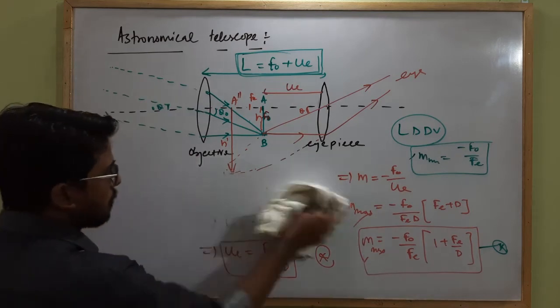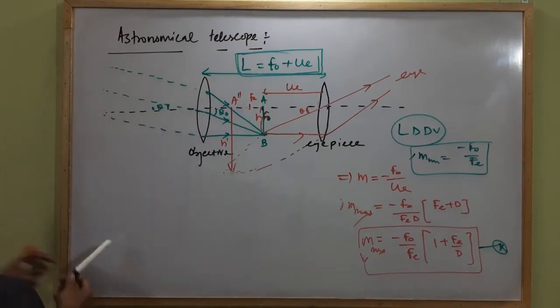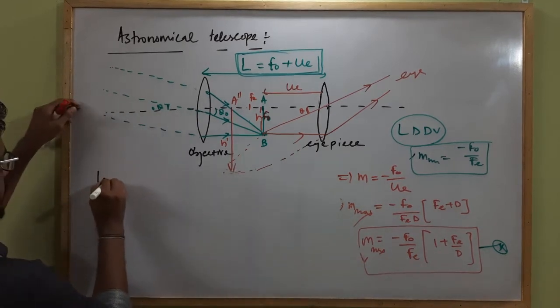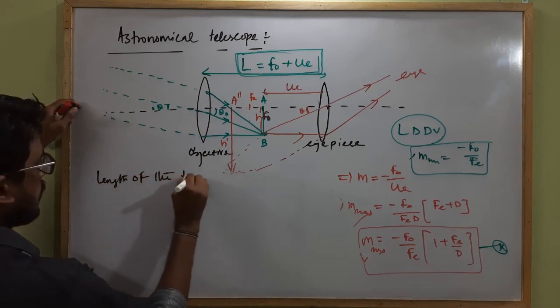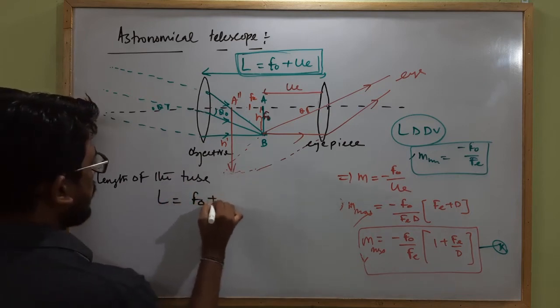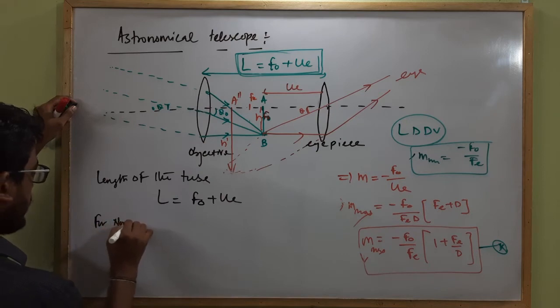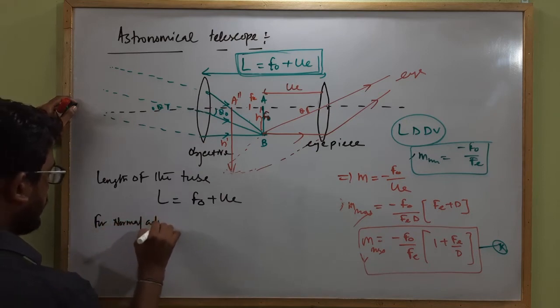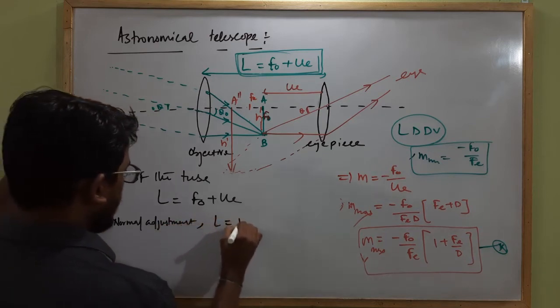So for the length of the tube, we can write: L equal to, for the general case, F0 plus UE. For normal adjustment, L equal to how much?